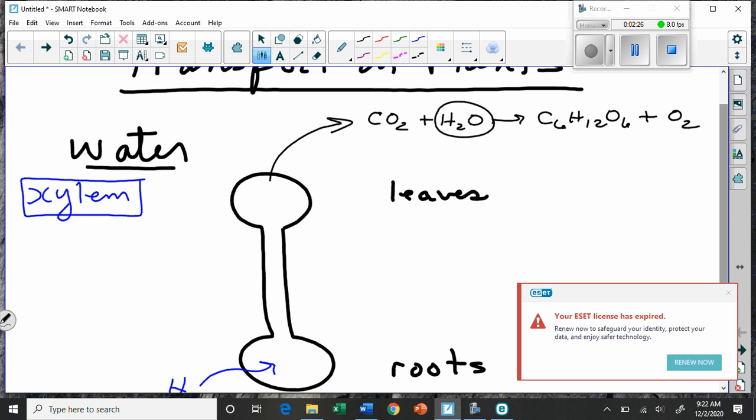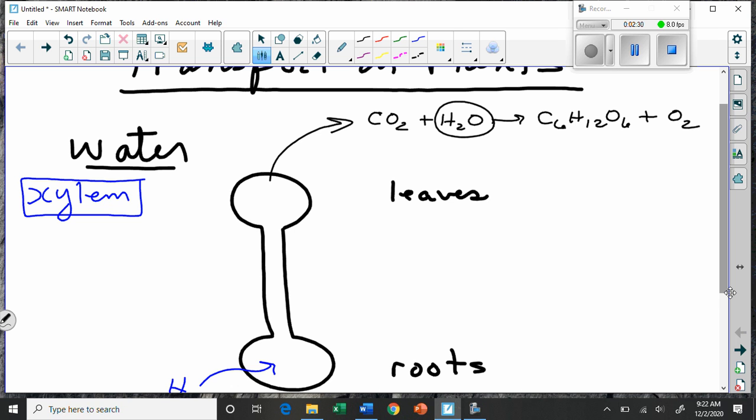That's a fairly small amount of water, though, compared to another problem that the leaves have. The leaves have the problem of the stomates that are open because they're trying to get a gas exchange. They're trying to get the CO2 they need and get rid of the oxygen, but at the same time, those stomates are allowing water to escape.